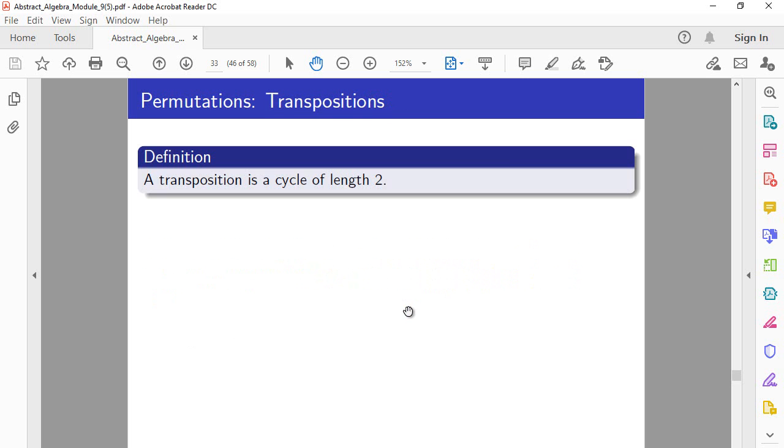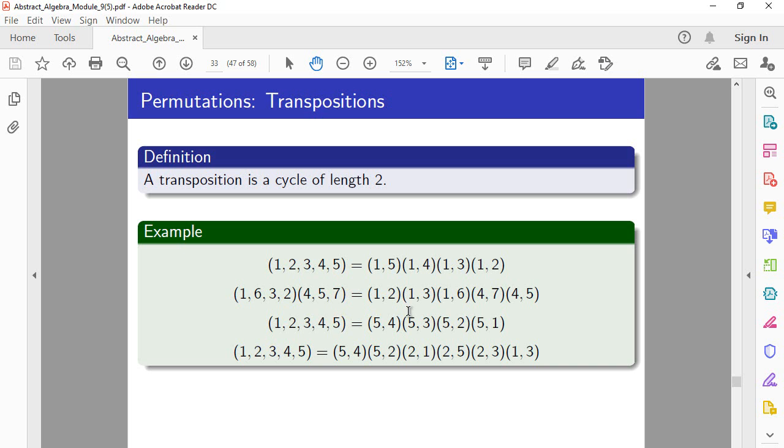A transposition is a cycle of length 2. If I have a cycle, I can always express that as a product of transpositions. So this cycle here, 1, 2, 3, 4, 5, I can express it as a product of transpositions. And notice there is a specific way we can do this.